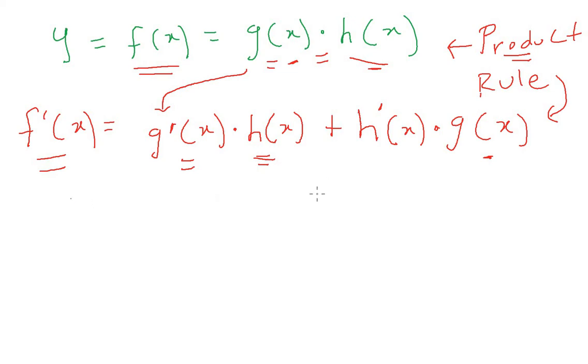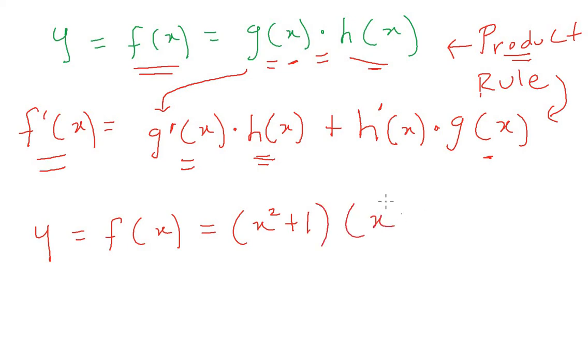Please remember, whenever you are multiplying, whenever you have a function where there is a multiplicative format. So let's say we have this scenario, x square plus 1 into, let's say, x cube plus 3x.